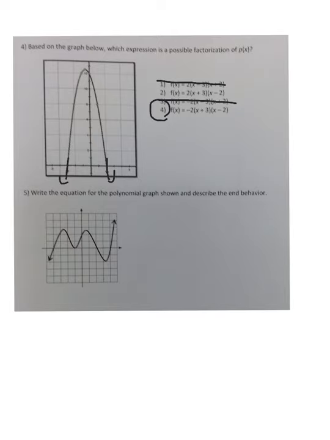So let me just stop a minute and write those down. So I'm going to have f of x equals c times x plus 4, because remember I have to change the sign, and then x minus 1, but x minus 1 is going to be squared because it's tangent to the x-axis right here. Then I've got an x value at 2 and another x value at 4.